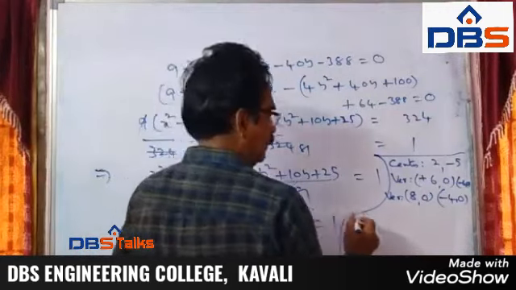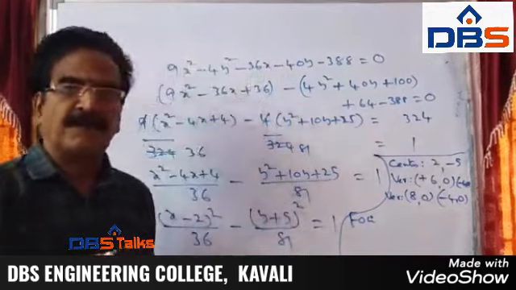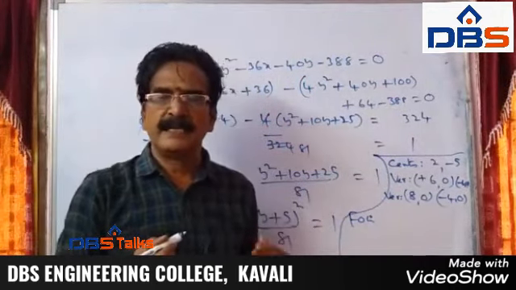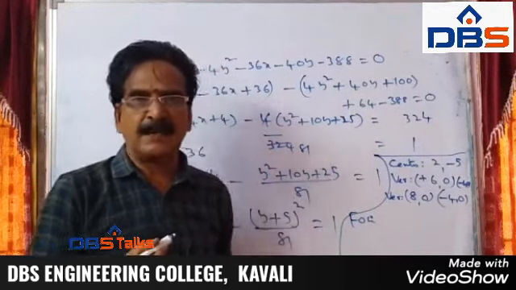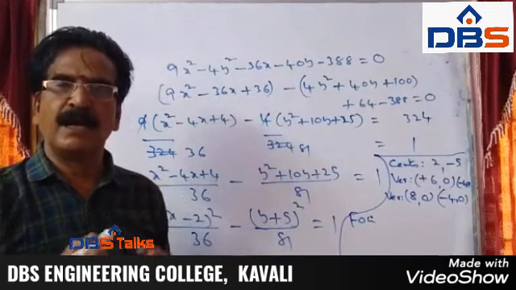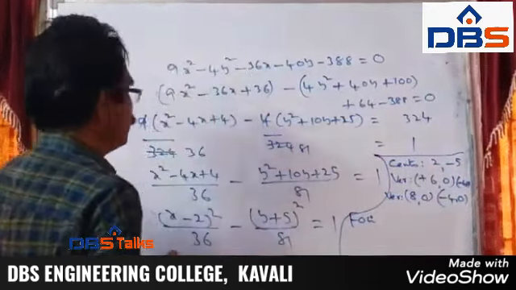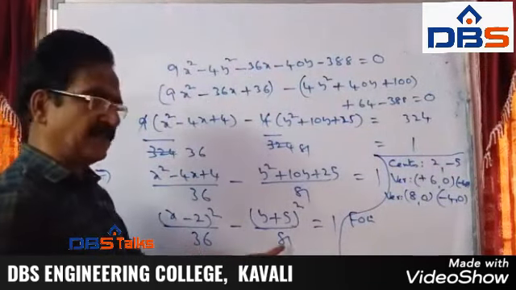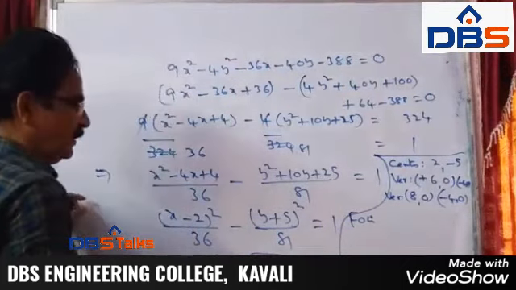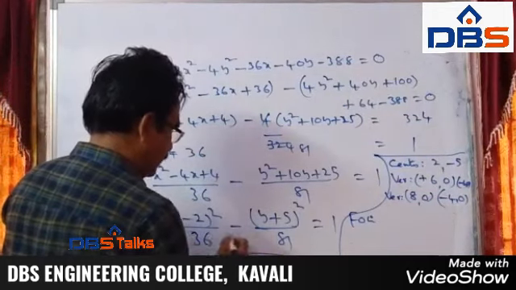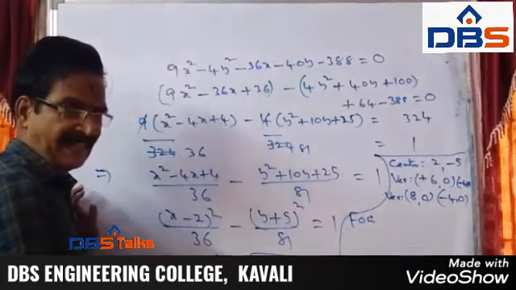Now let us write the foci. For a normal hyperbola, we know the foci are plus or minus c comma 0, and now we have to add the center. So c is equal to root of a square plus b square, which is root of 36 plus 81, that is root of 117.